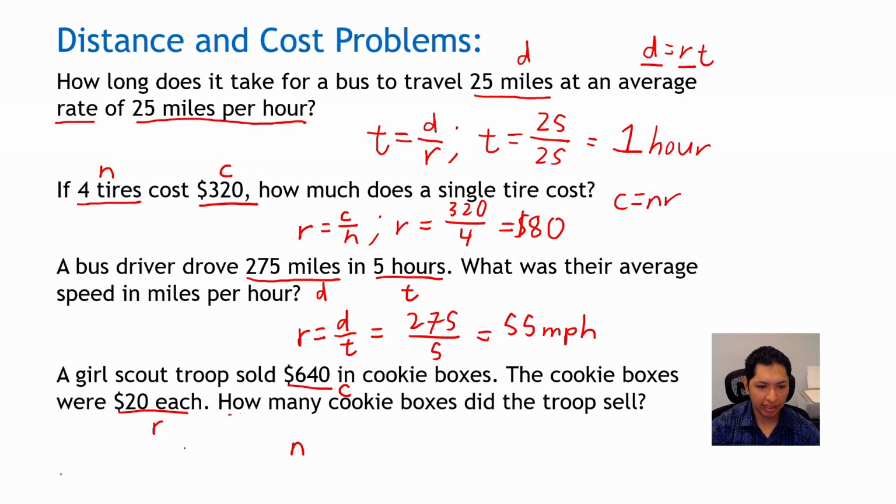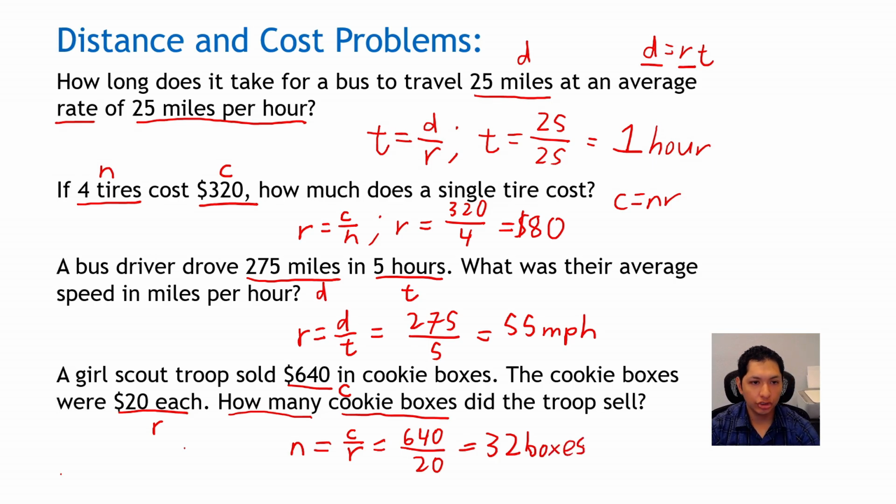The problem is asking how many cookie boxes, and that is number of units. So the variation here is N is equal to C divided by R. And now when I substitute the known values into the appropriate variables, then N becomes 640 divided by 20. And that is 32 boxes.